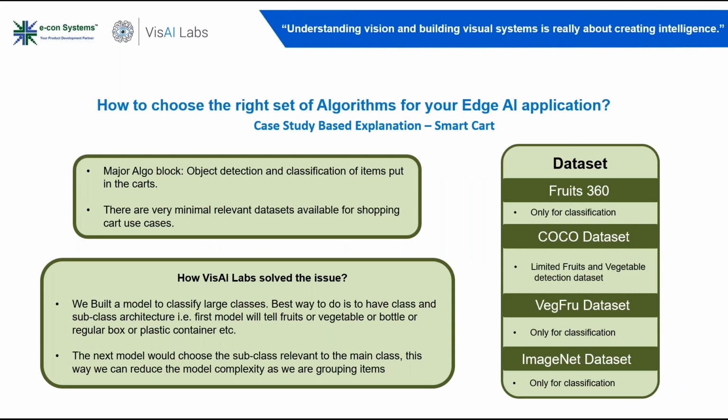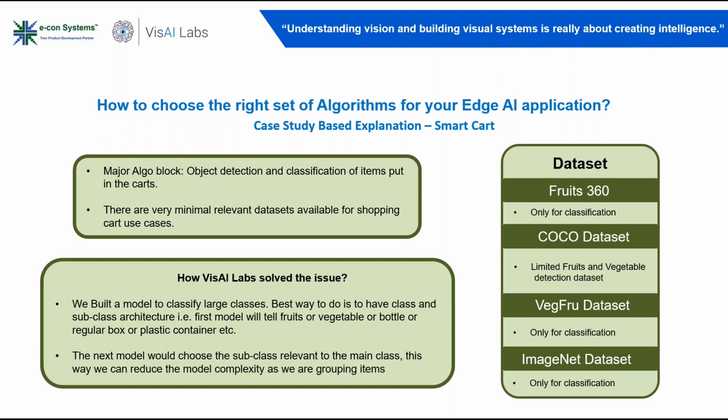This particular slide talks about our solution for smart cart. A smart cart solution involves developing object detection and classification models. The right side of the slide talks about various data sets that are freely available in the market, which one can pick up and try to train their models when developing a smart cart application.